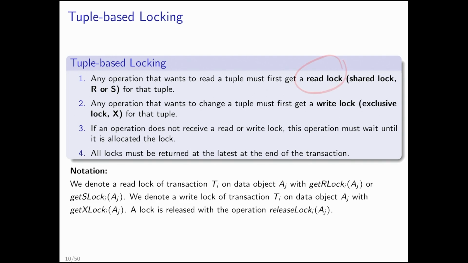One is a read lock and the other is a write lock. A read lock is also a shared lock because you can have multiple shared locks, multiple read locks on the same data object. So we have as abbreviation an R for read or S for share. It's the same thing, just a different letter. And a write lock is also called an exclusive lock, because if you want to write to a data object, there can only be one thread writing to any data object. So this is called an exclusive or X lock in the following.